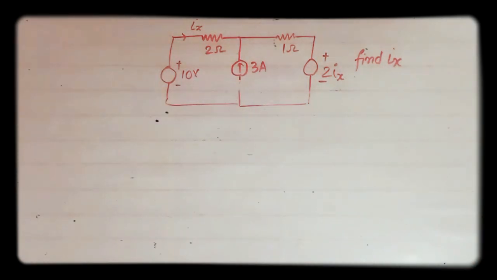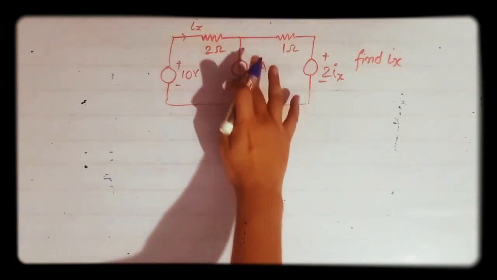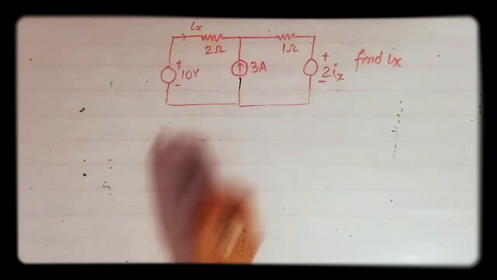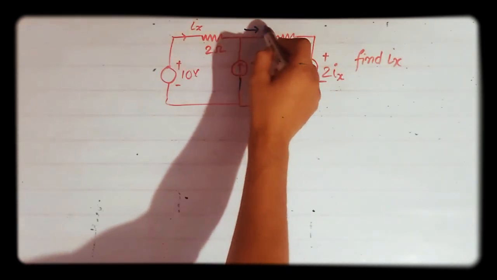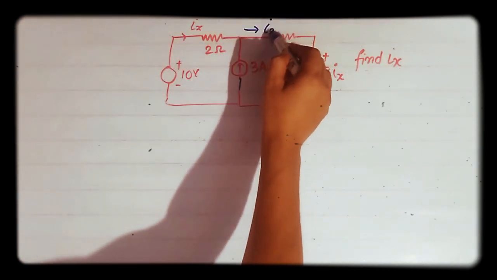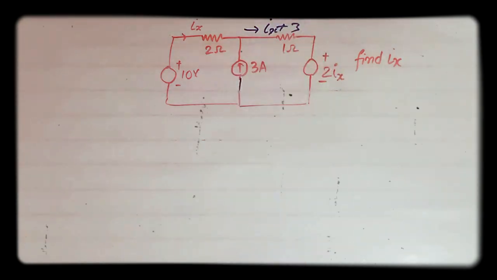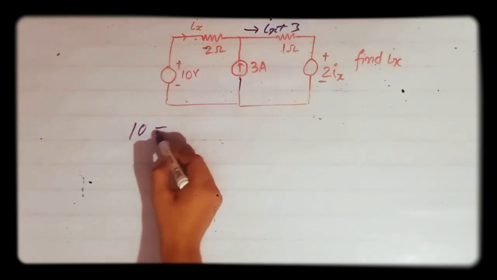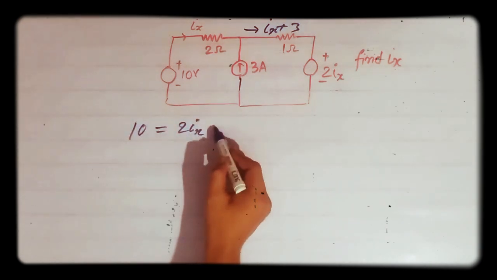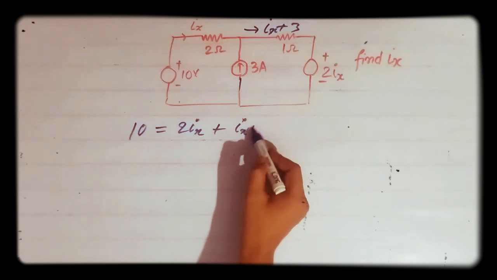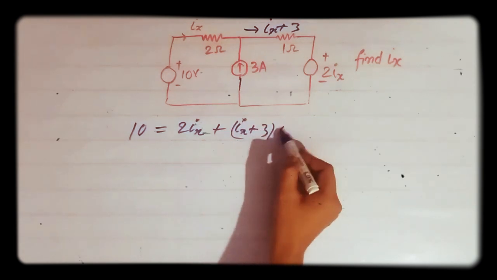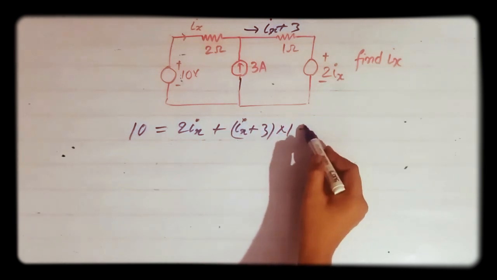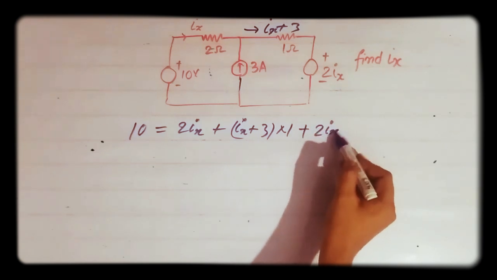In this method, suppose this is 3 ampere and this is ix. Now what is the current in this branch? It is ix plus 3. Now simply apply KVL in this loop: 10 equals 2ix plus (ix plus 3) into 1 plus 2ix.